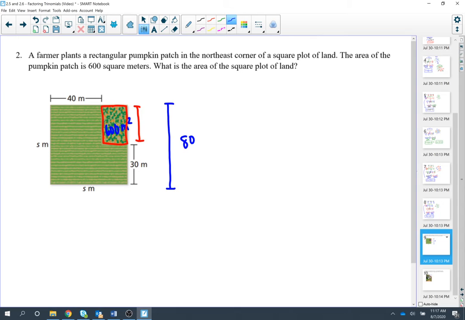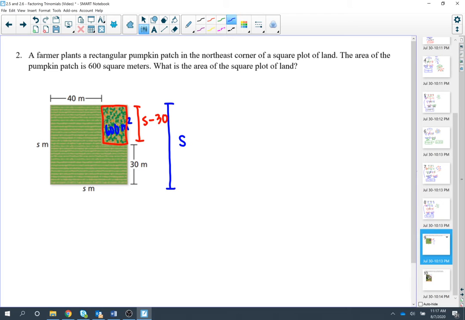How much is this? 50. 80 minus 30 is 50. So now I'm going to say, okay, well, this is actually S. Well, then what's this? S minus 30. I don't know what it is, but it's S minus 30.